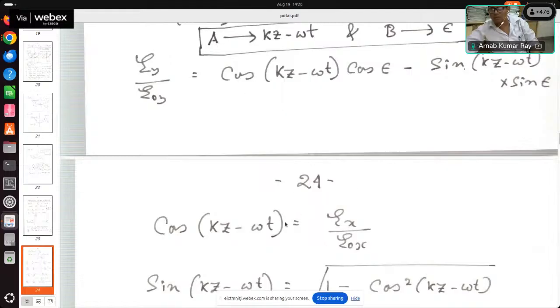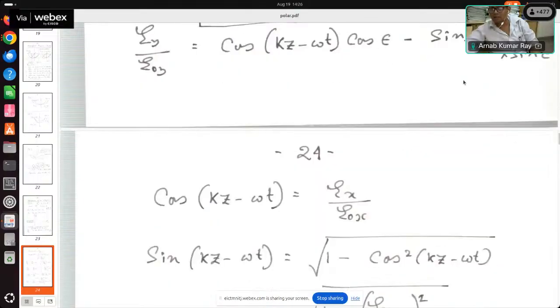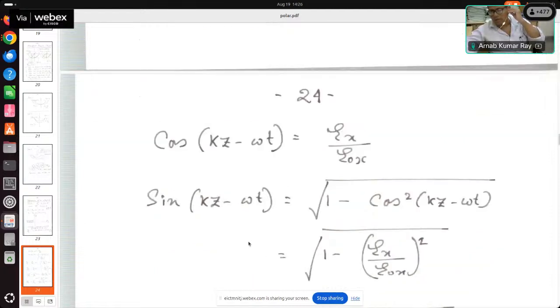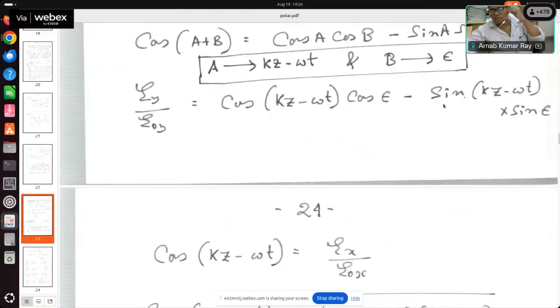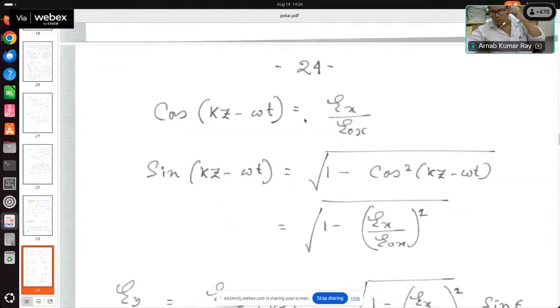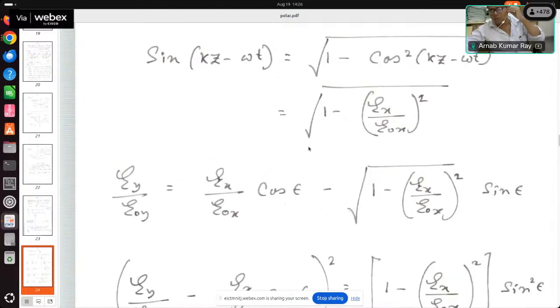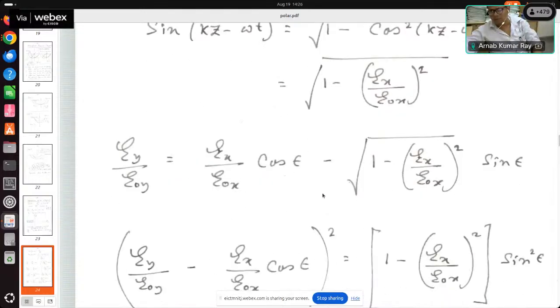So cos kz minus omega t is Ex by E naught x, and sine kz minus omega t, by using the usual trigonometric identity sine squared theta plus cos squared theta equals 1, is the square root of 1 minus Ex by E naught x whole squared. So this and this we shall substitute in the equation at the bottom of page 23, and this is the equation that we get.